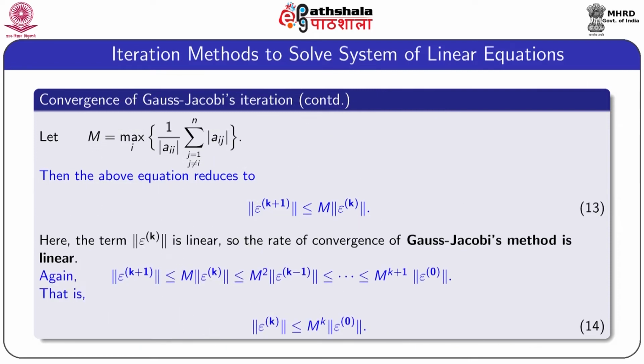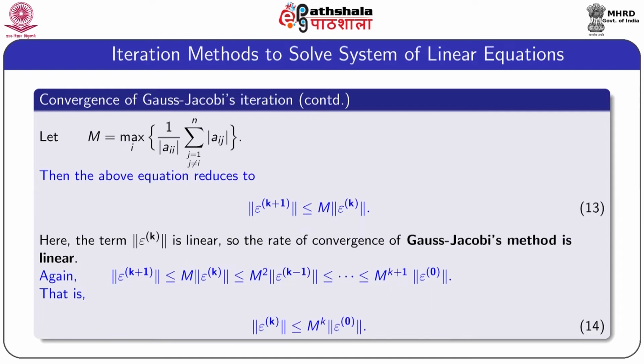Again, the norm of the error vector at (k+1)th iteration is less than or equal to M times the norm of the error vector at kth iteration, less than or equal to M squared times the norm of the error vector at (k-1)th iteration, less than or equal to and so on, M to the power k+1 times the norm of the error vector at 0th iteration.